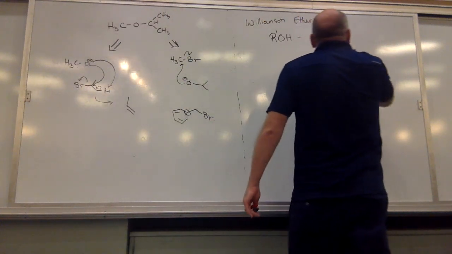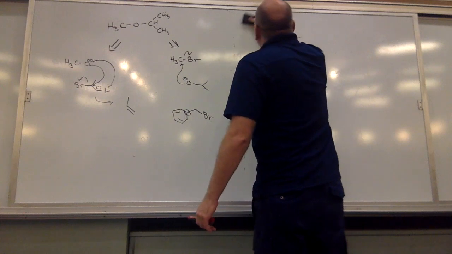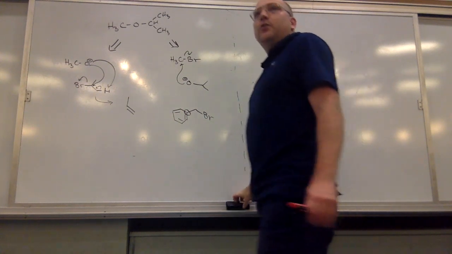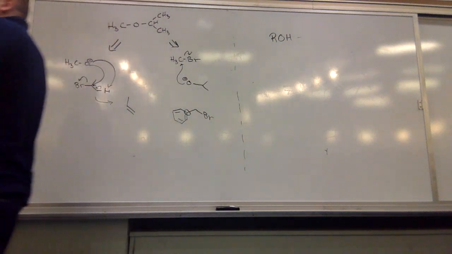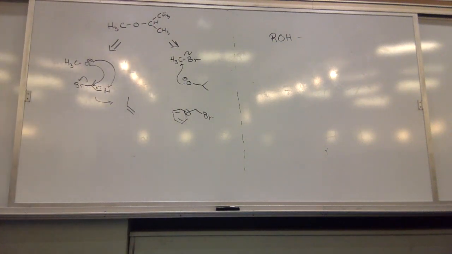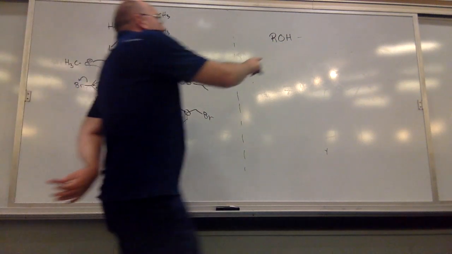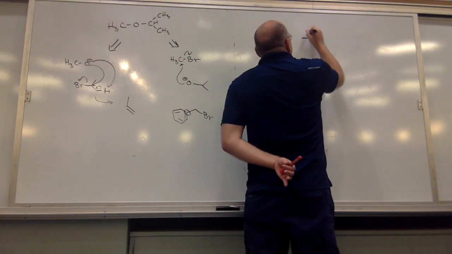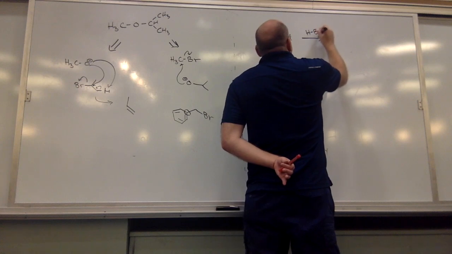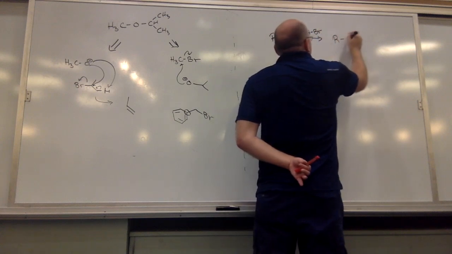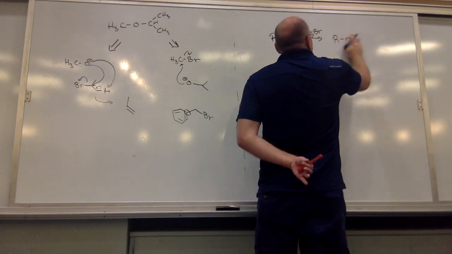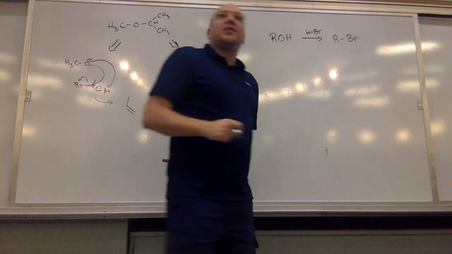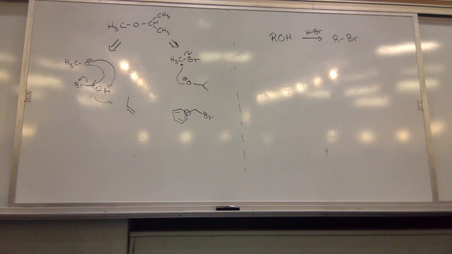The easiest way to do it, at least mechanistically, although it does have problems, is one that I think many of you could perhaps rationalize based upon what we know. And that is that if you were to simply take an alcohol and treat it with HBr, depending upon the system, this is another dehydration reaction, by the way.